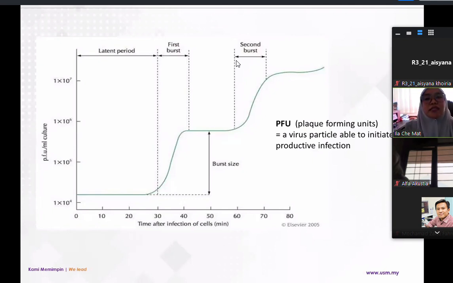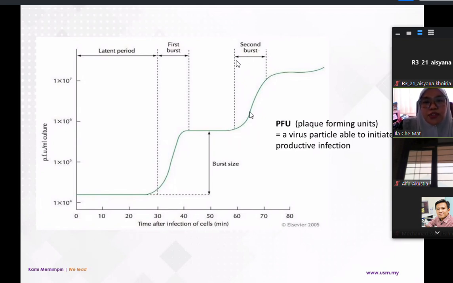Okay, and then this new virus, or variant, because that is the one that is infectious, right? This virus will be released and then infect a new cell. Once they infect a new cell, that's why you see another latent period here. This latent period is the process of attachment, entry, and synthesis. And then they produce more virus.